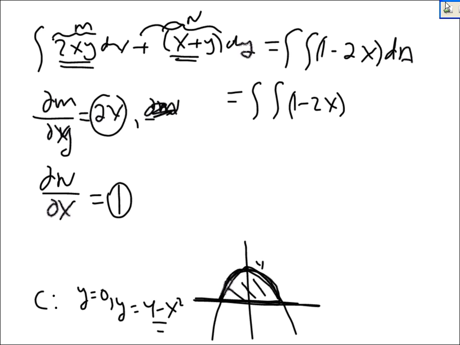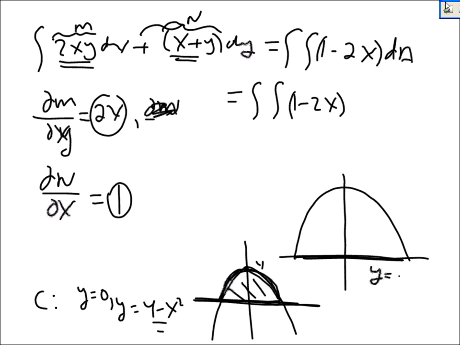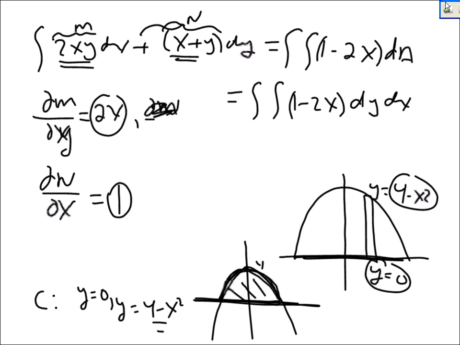Either I'm going to say dx dy or dy dx. I know the y value down here, and I know the y value up here. So I'm going to draw my slices this way. I'm going to say dy dx, and dy goes from 0 to 4 minus x squared.